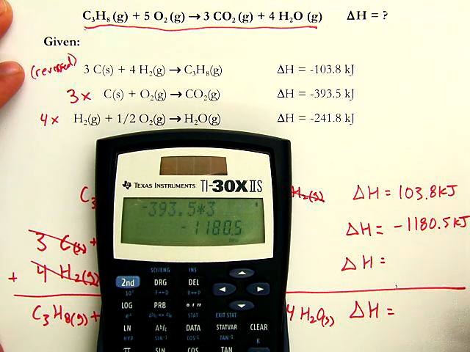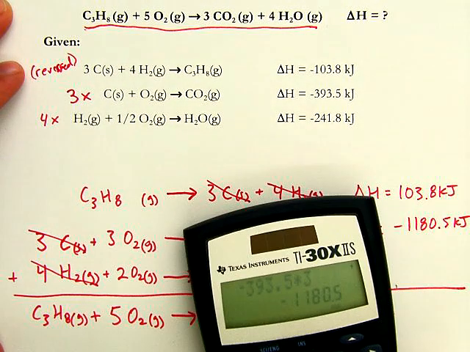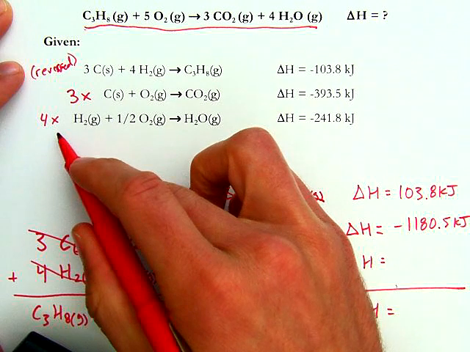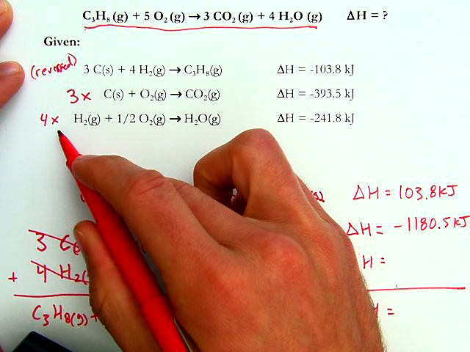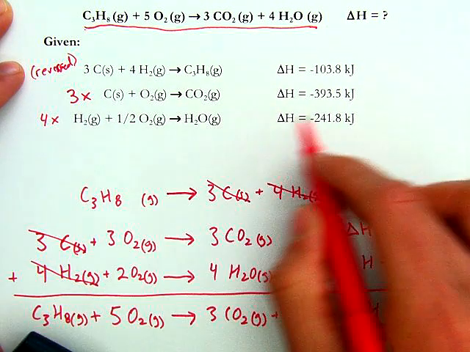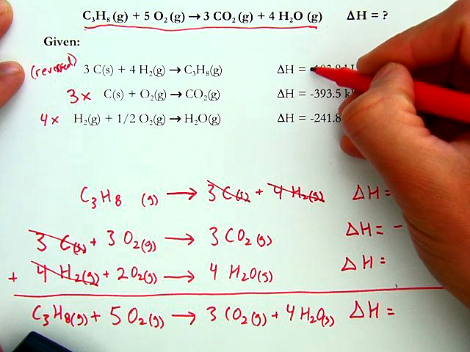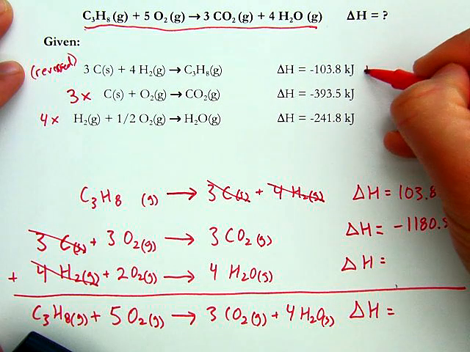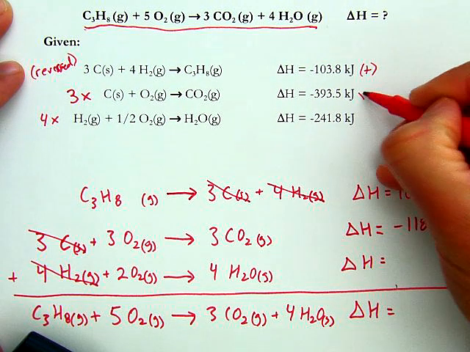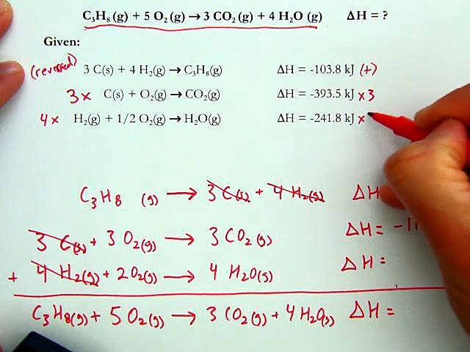kilojoules. Okay? And finally, this bottom equation we multiply by 4. So this is getting multiplied by 4. So in summary, this becomes positive, right? This becomes positive. This gets multiplied by 3, and this gets multiplied by 4.